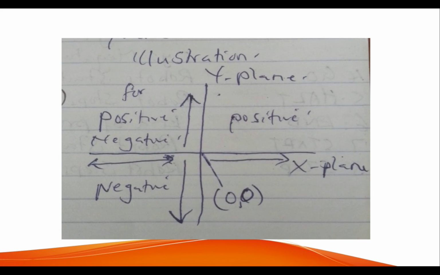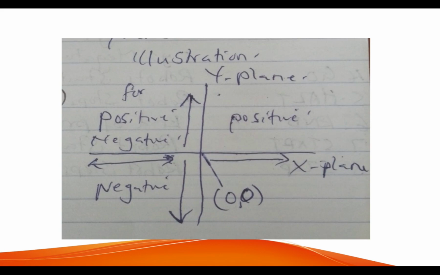So if a robot is at 0, 0 and is moving upwards, it's making a positive movement. If it's moving downwards, it's a negative movement along the y-axis. Then if it's moving to the right, it's a positive movement, and if it's moving to the left, it's a negative movement.